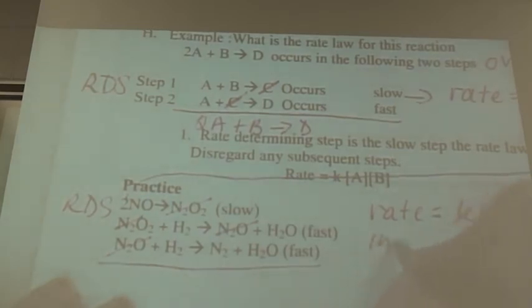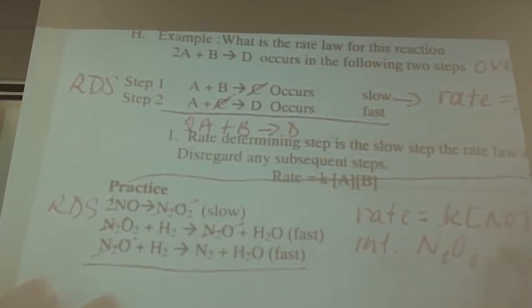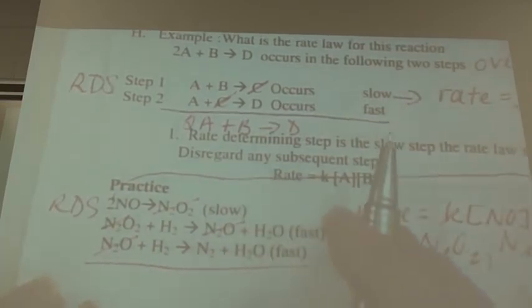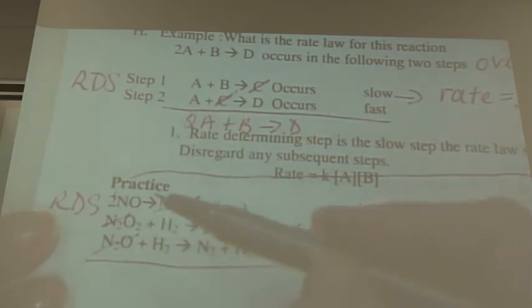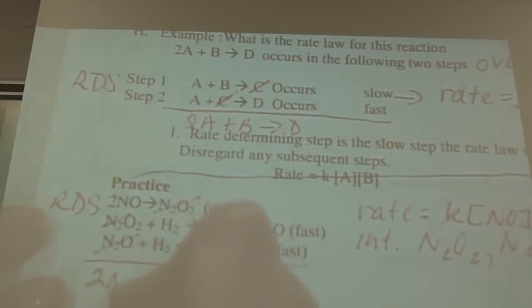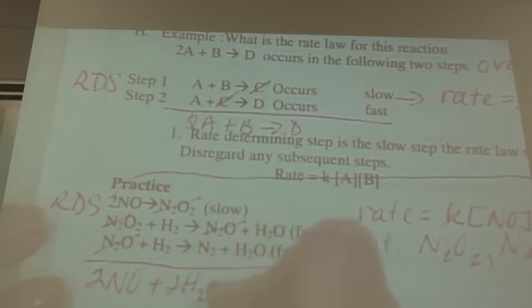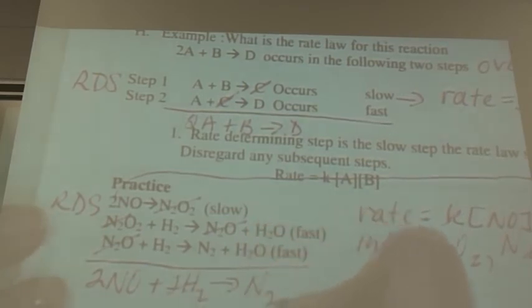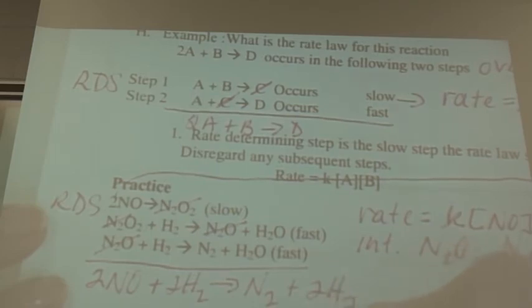So our intermediates are N2O2 and N2O. Our overall reaction then would be these 3 steps added together. 2NO plus 2H2 yields N2 plus 2H2O. Good? Yes. All right, moving on.